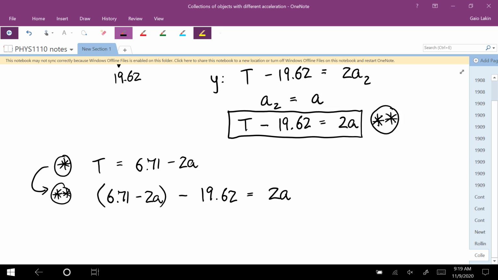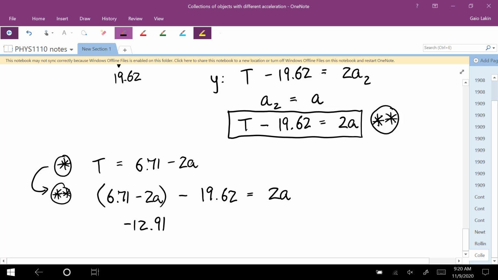And so we have on the left side of the equation negative 12.91.